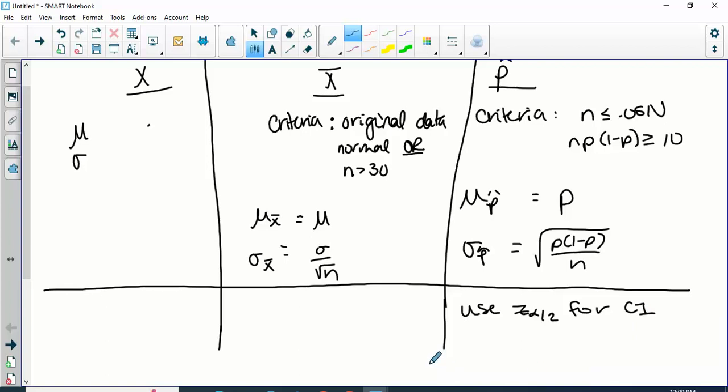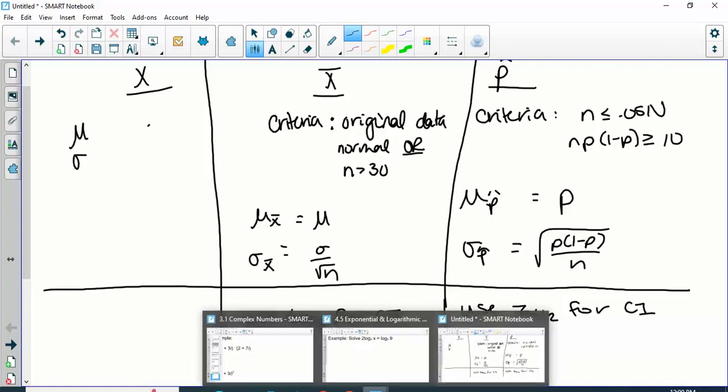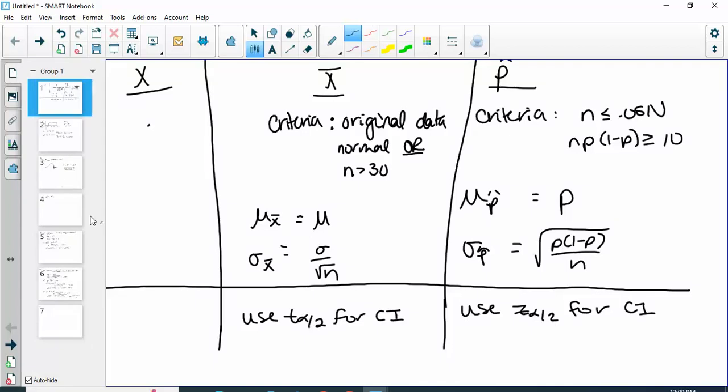But if you go down to that next bullet, when you're building a confidence interval about the mean, that's when you use the t for a confidence interval. Alright, so problem 13, we are building a confidence interval for p-hat.